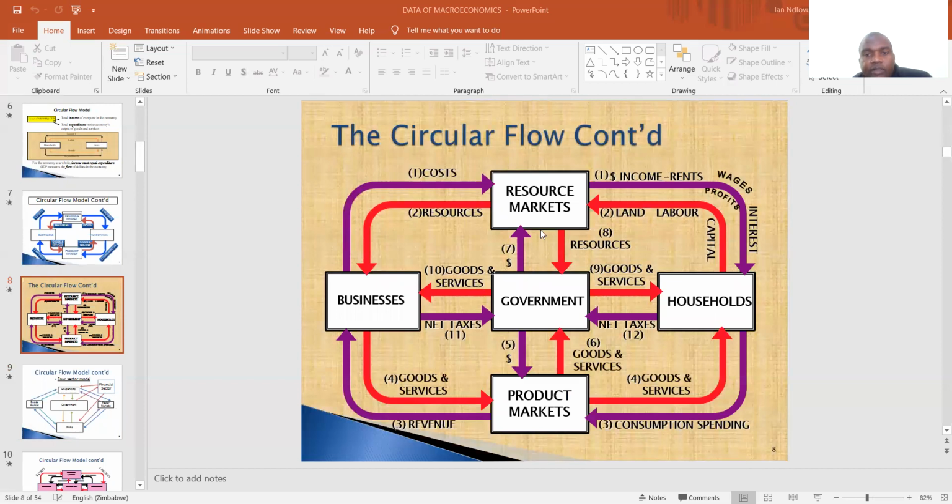And then we know that in a real world economy, it's impossible for businesses to operate without a government, which is regulating economic activity. So in many countries, there is a government which provides the legal framework to regulate the contracts that are reached in order to facilitate production in an economy.